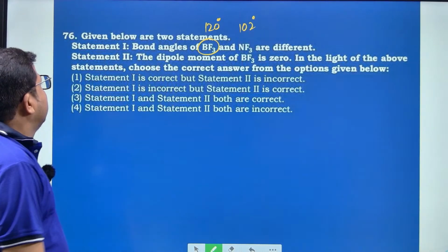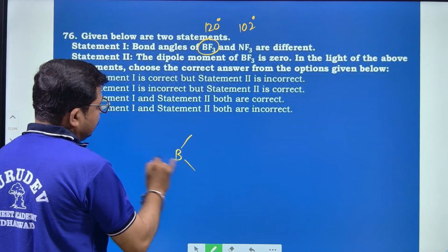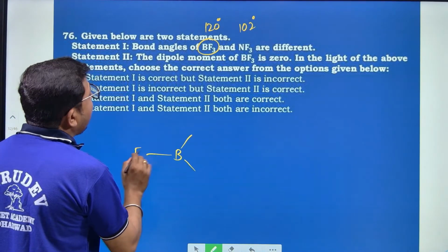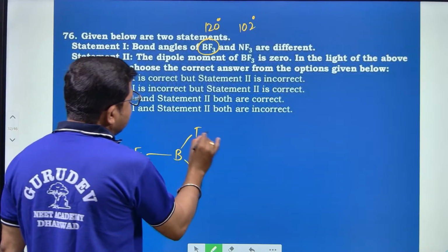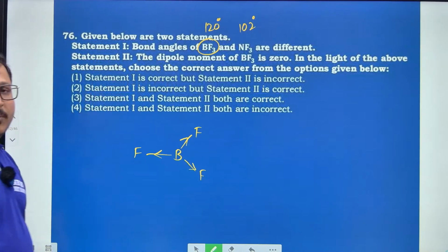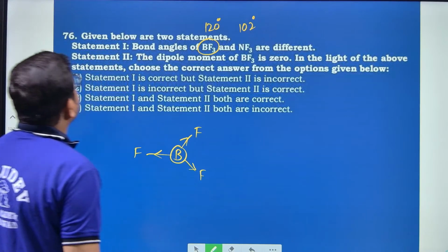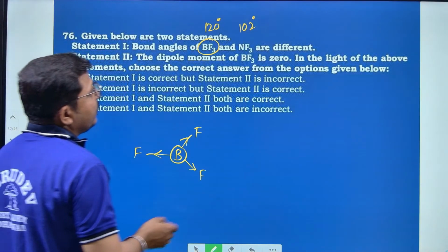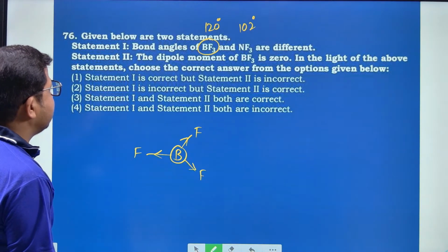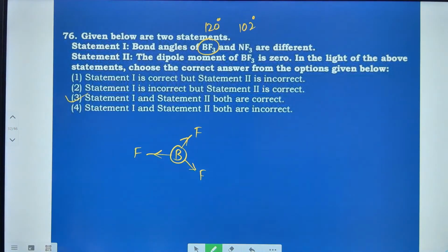And the dipole moment of BF3 is 0 because all the fluorine atoms are moving away from the central atom, hence the dipole moment of BF3 is 0. In the light of the above statements, choose the correct answer from the given choices. So both statement 1 and statement 2 are the right answers.